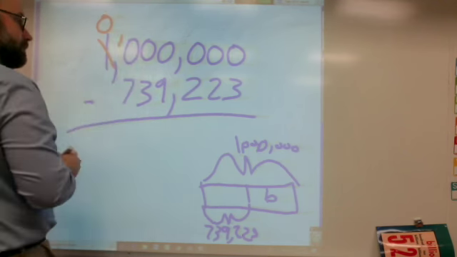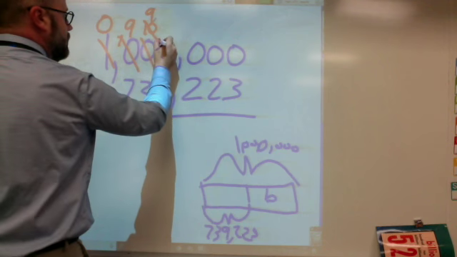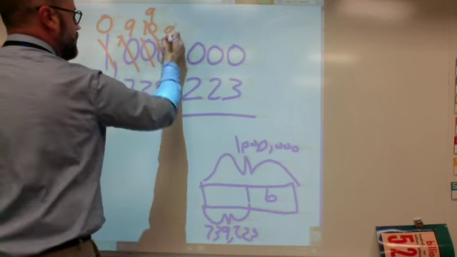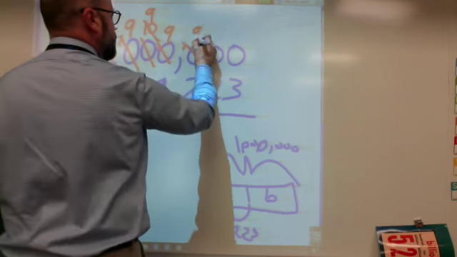Now I just have to start what I'm going to call a borrowing train. 9, that becomes 10, 9, 10, 9, 10, 9, 10. We carried that 10 all the way from there to here.